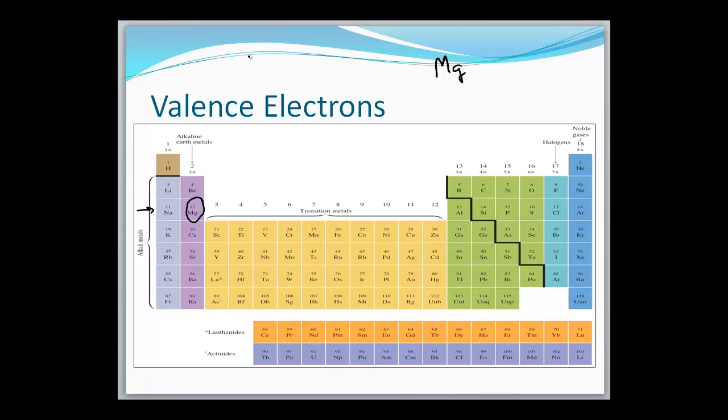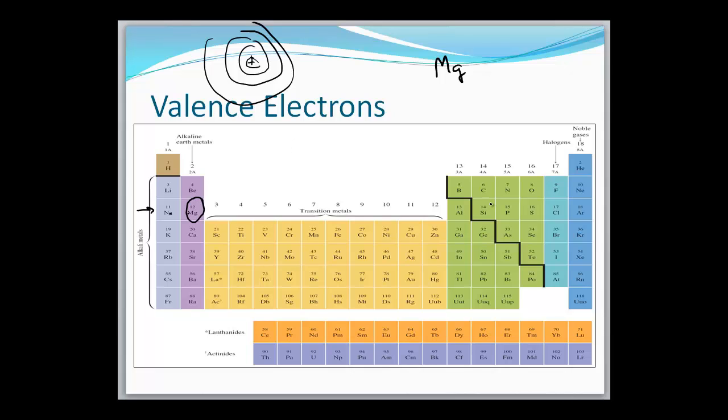And if you think about it in the old model, that would give it 1, 2, 3 energy levels. Its third energy level contains 2 electrons. And if you remember what block they're in, those 2 electrons are in the s block, or what we refer to as the s orbital. So the valence electrons are the electrons in the outermost shell.